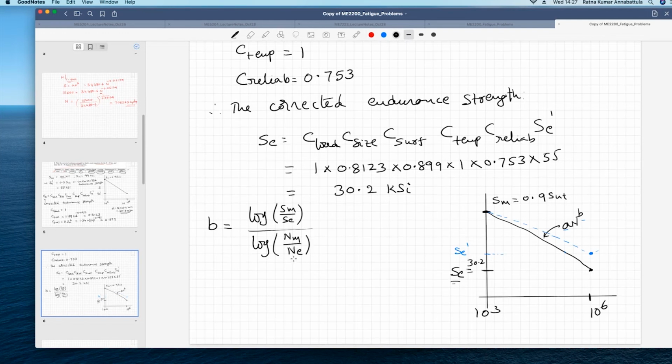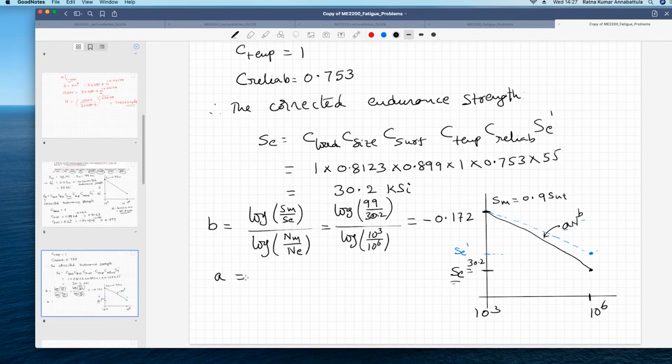NF is replaced by NE because here we are talking about endurance strength. So that is equal to log of SM is 99, SE is 30.2, right? Divided by log 10 cube by 10 power 6. So if you do the calculation, this comes out to be minus 0.172.